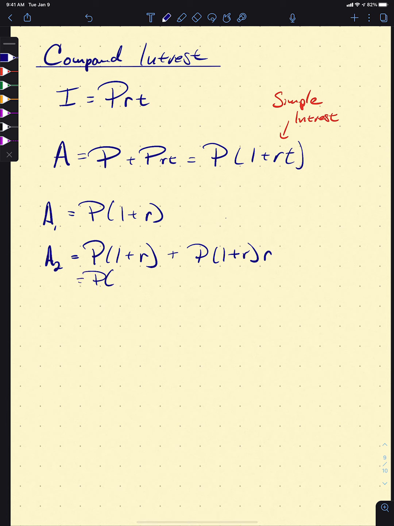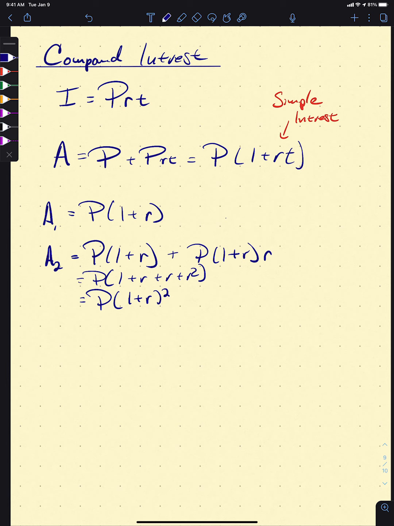But if we begin to simplify this, we have P times 1 plus R plus R plus R squared, and this is actually a perfect square. This is P times 1 plus R squared.